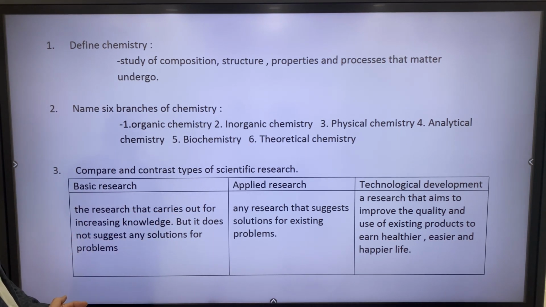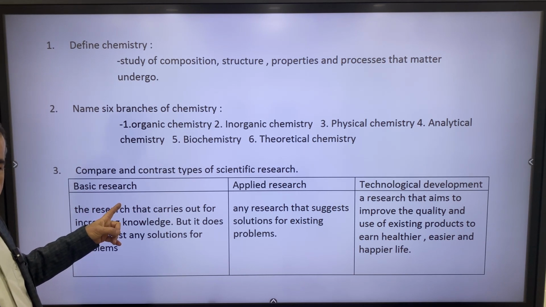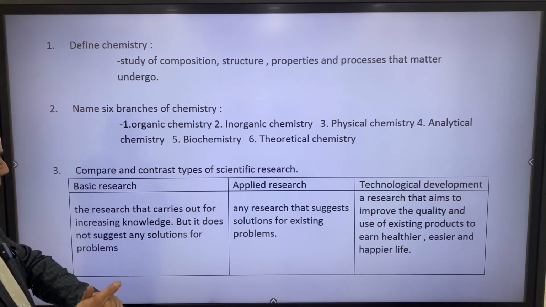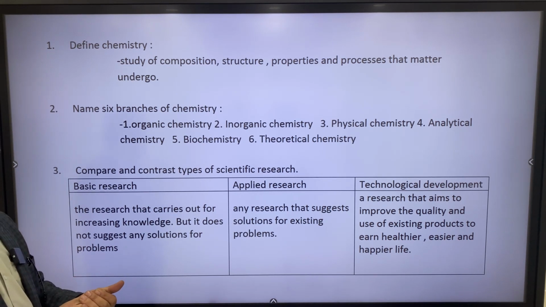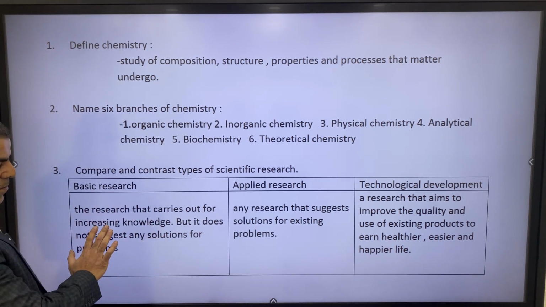We can distinguish them from the definition. So, for example, for which reason is basic research done? It's only for increasing what? Increasing knowledge, increasing information, collecting information about a new substance, a new matter, or a new problem or phenomenon. But it doesn't suggest any solutions.